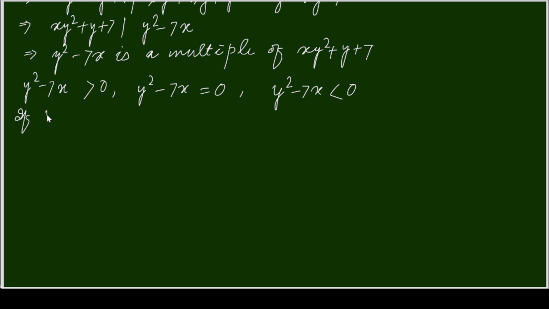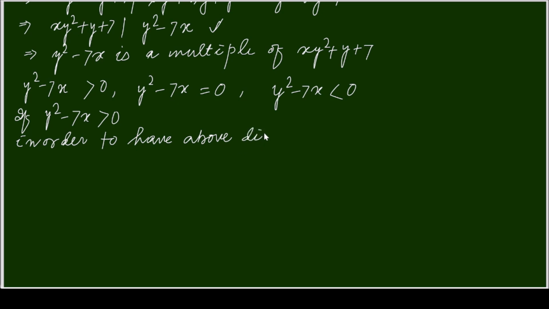If y square minus 7x is greater than 0, then in order to have the above divisibility, x y square plus y plus 7 should be less than or equal to y square minus 7x.